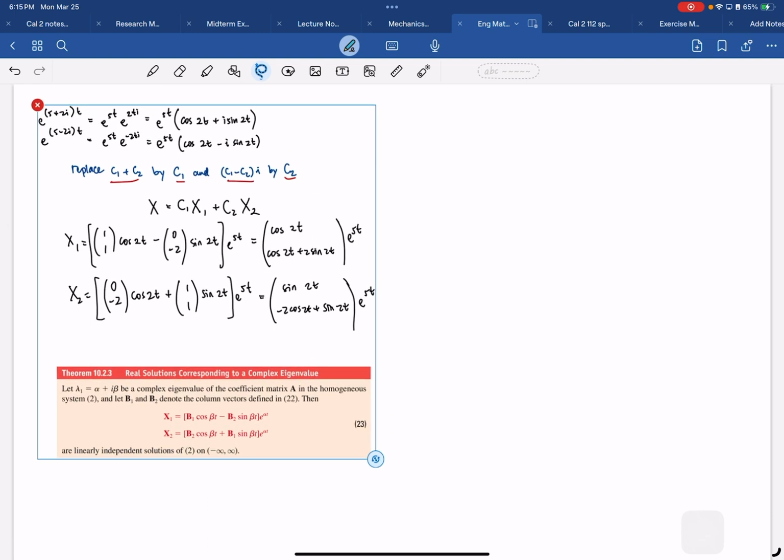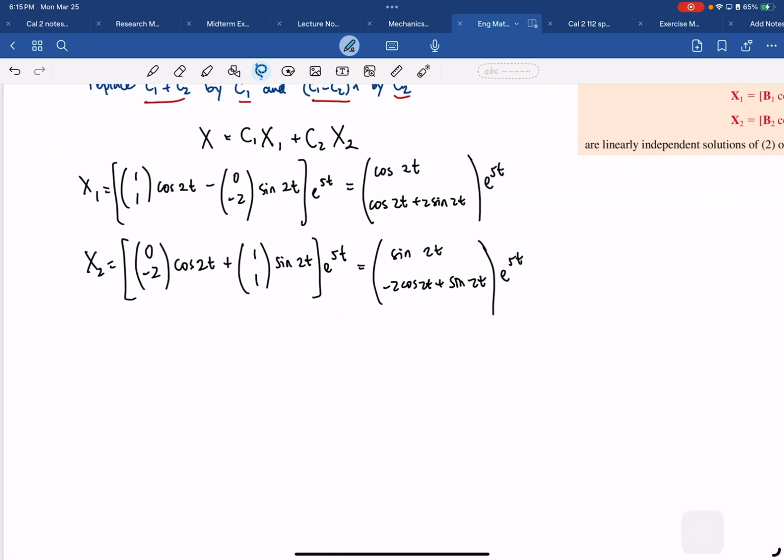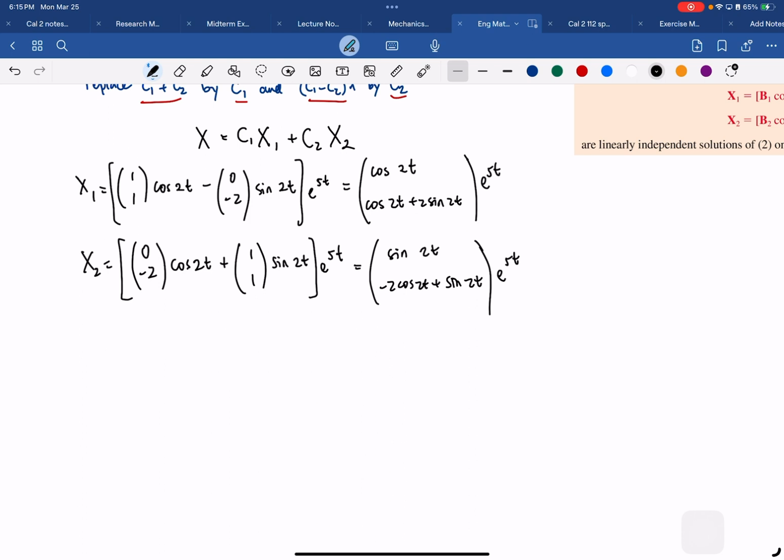Let me just write again here. From this x, suppose that we have k1 e^(lambda 1 t). We can write it as k1 e, and then we can define lambda as alpha and beta, as in the Euler equations. This can be written as K1 e^(alpha t) cosine beta t plus i sine beta t.